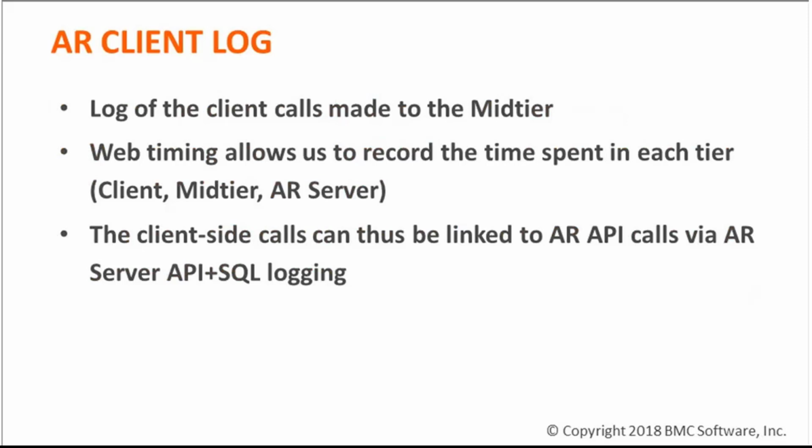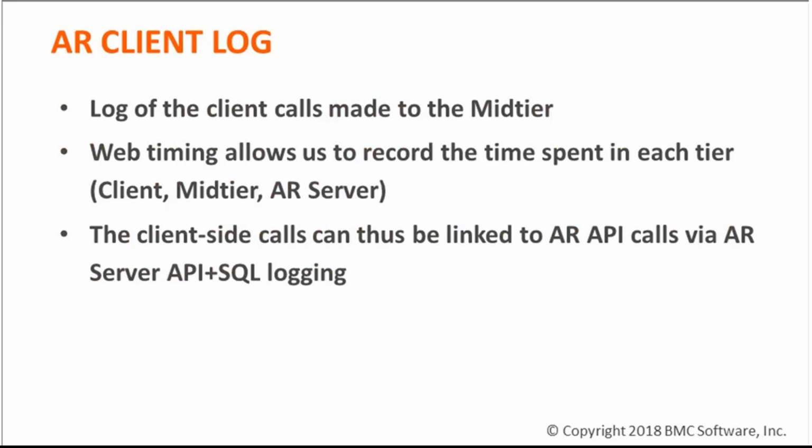We can then use those calls and the time spent to correlate these calls with your AR API, SQL, and filter logging on the AR server, so that you can have an end-to-end picture of what happened.